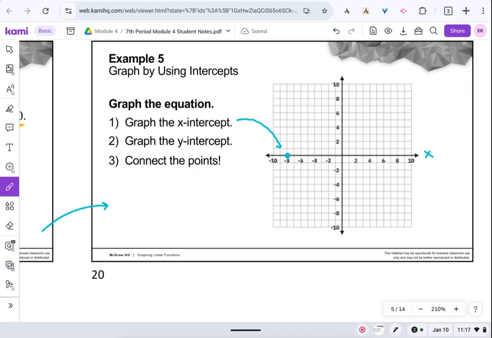That's at -8, 0. Our y-intercept was 0, 4. Our y-axis is here, so we go up 4 and put a point. That's our y-intercept. Those are the only 2 points we need. We can go ahead and connect them and call it good. So that's it.